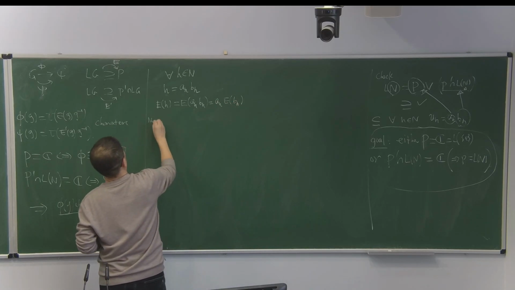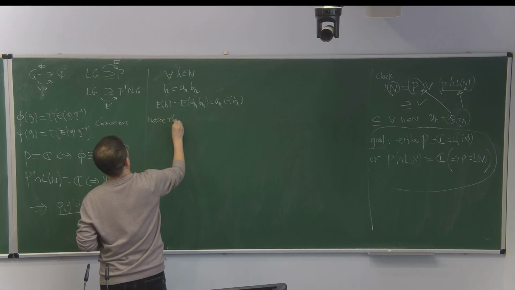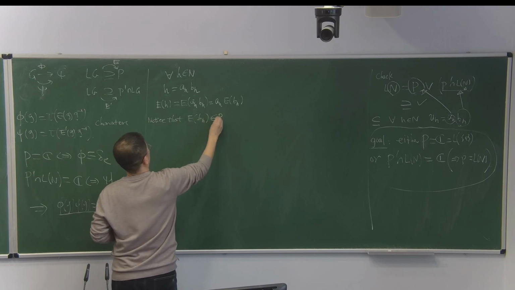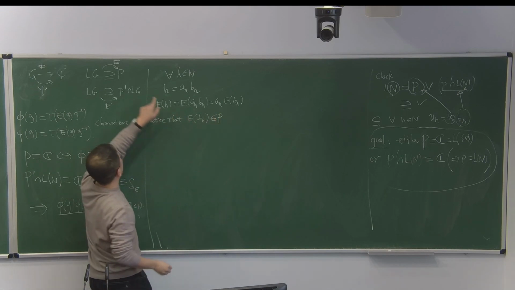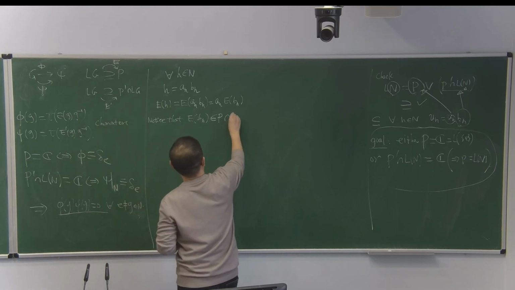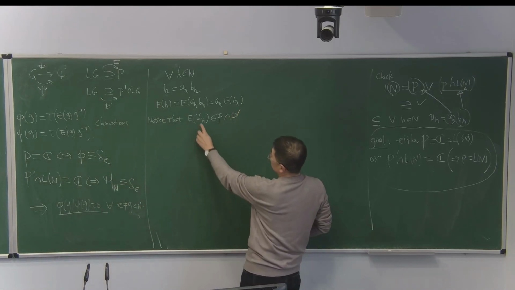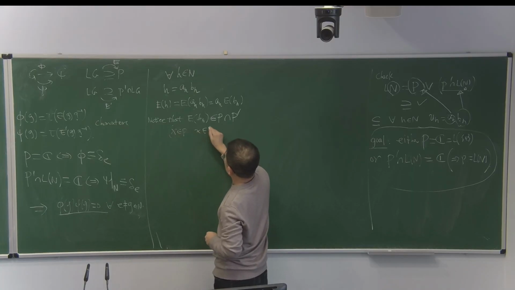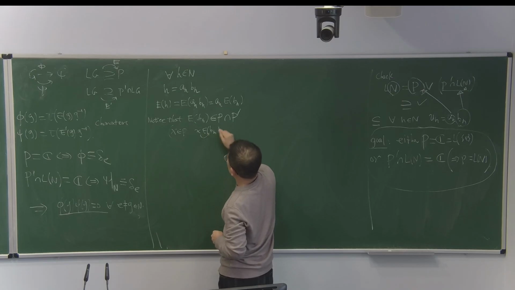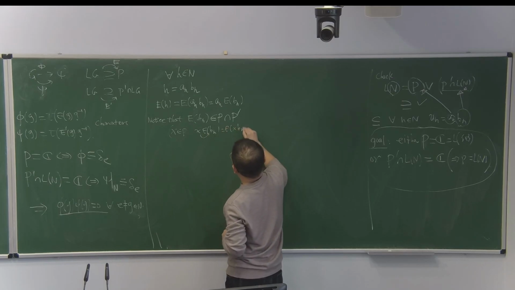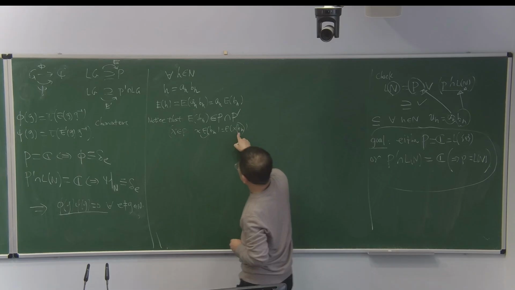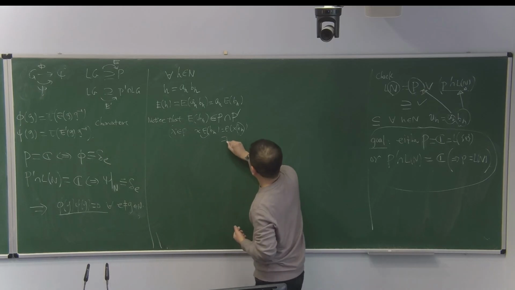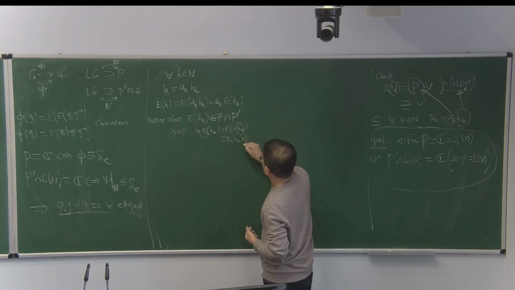Now notice that this E of BH lies in P because it's a conditional expectation on P. Moreover, it lies in P prime, because once you have an element in P, you can move it inside, and remember this element lies in P prime, so you can commute them and then move outside.